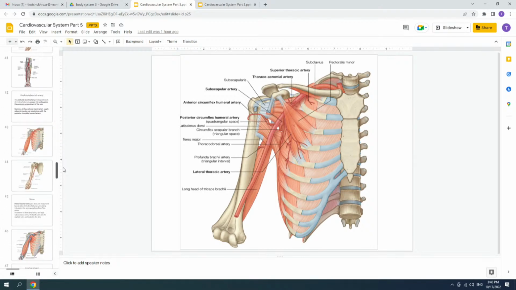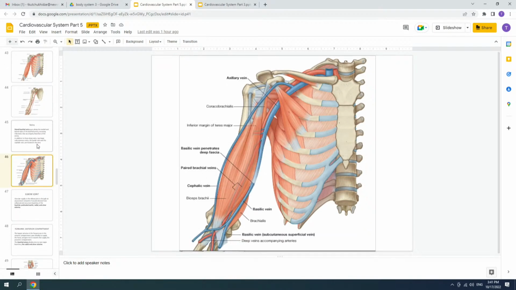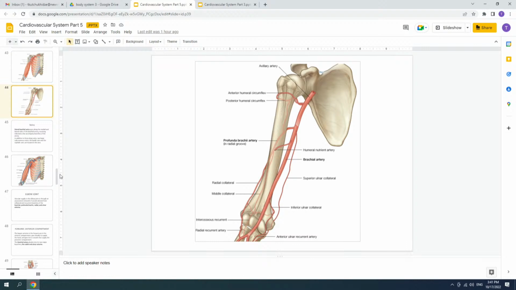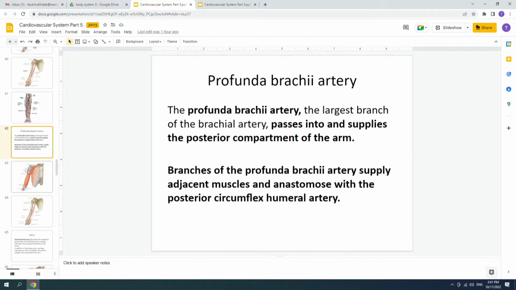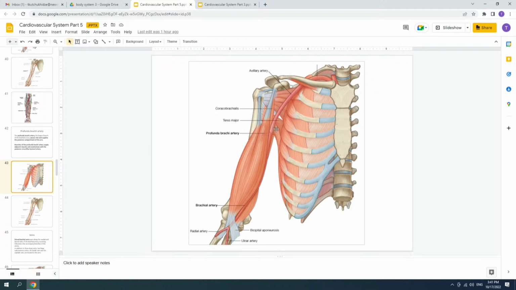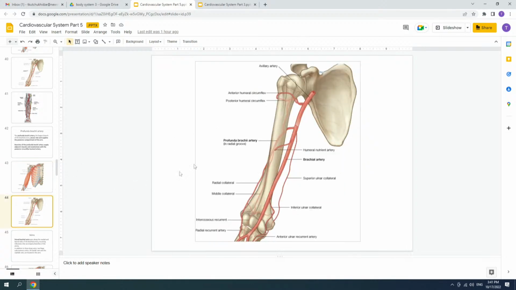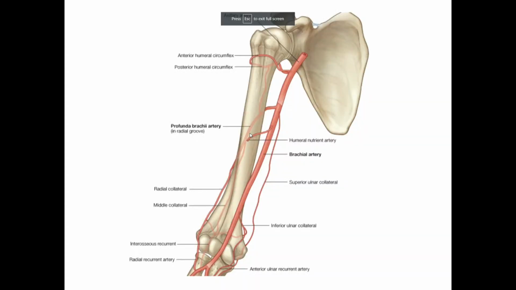Let me go back to our slides. I mentioned that one, so this is the same photo here, and as you see, it is better shown without any muscles. One of the branches of profunda brachii artery is going and anastomosing with the posterior circumflex humeral artery right here.